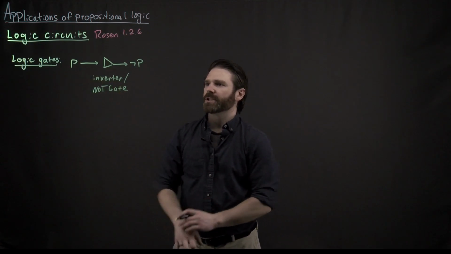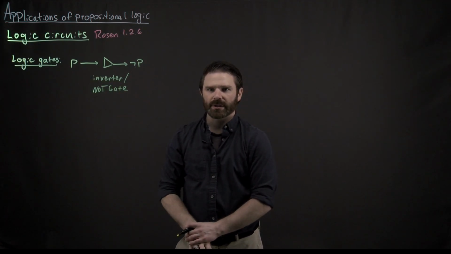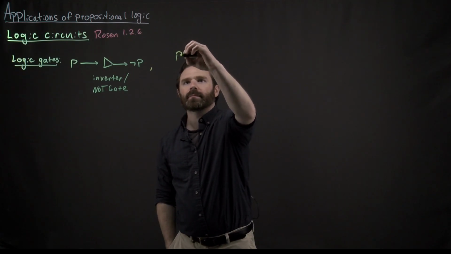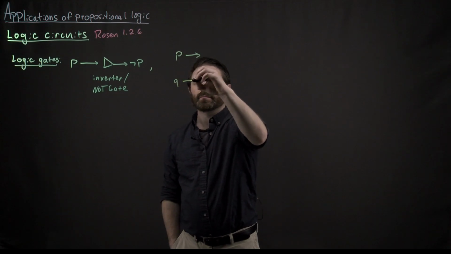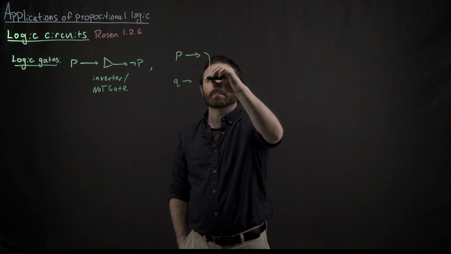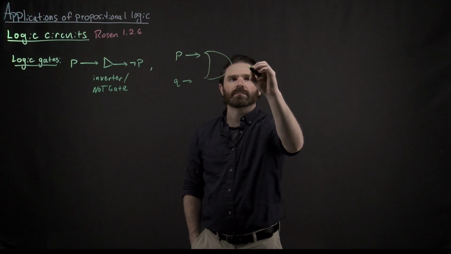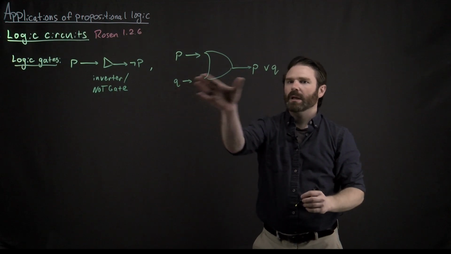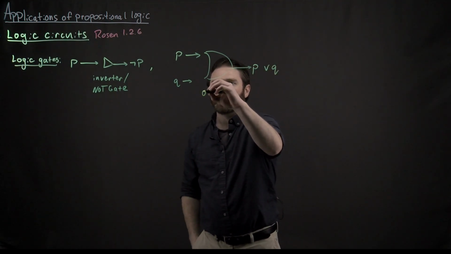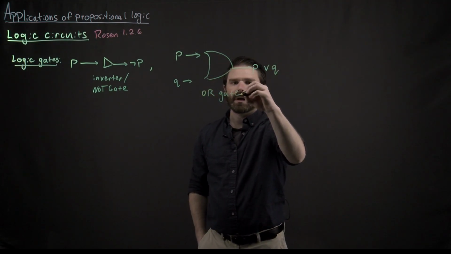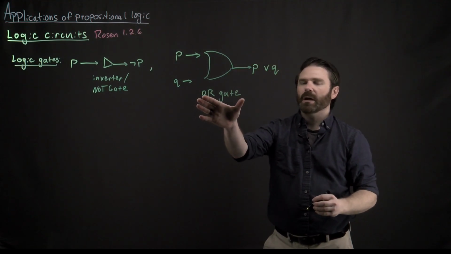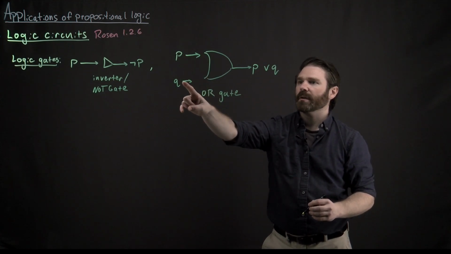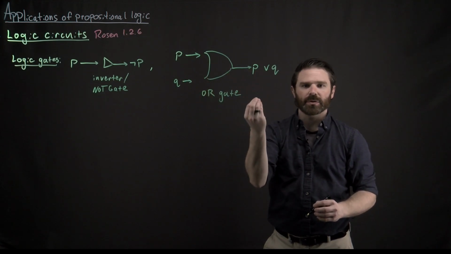So it takes your propositional variable and it applies a not to it. We have another one, and this right here is going to be our diagrammatic representation of an OR gate. So it takes 2 of our propositional variables right here and it combines them into an OR.